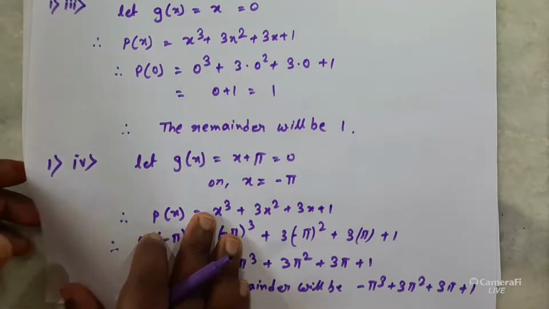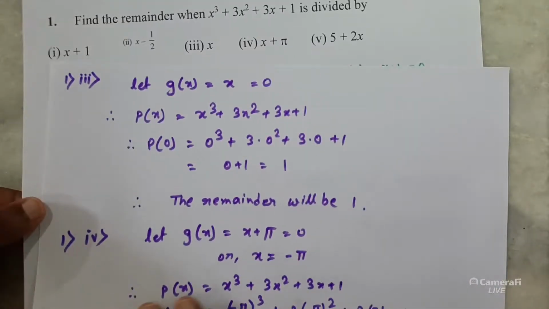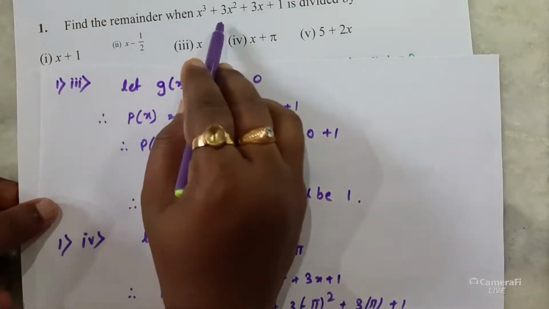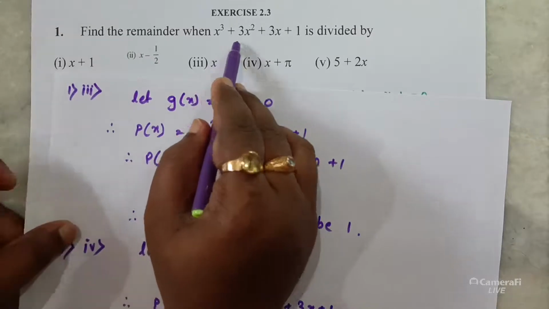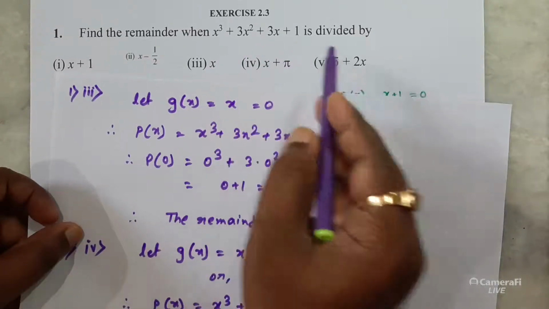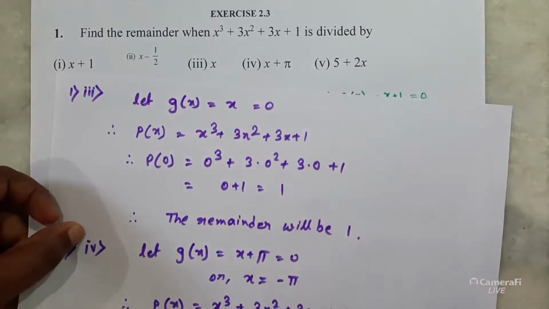Next is question number 5. Find the remainder when x cube plus 3x square plus 3x plus 1 is divided by 5 plus 2x.